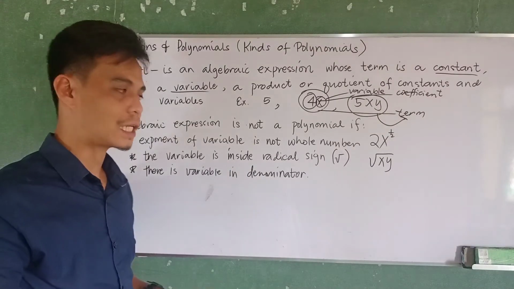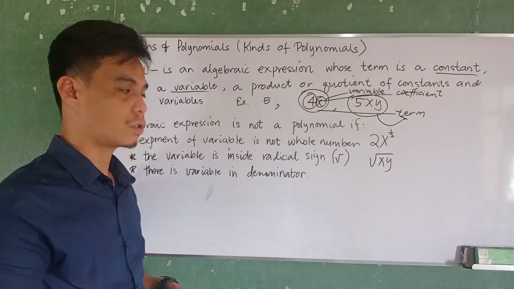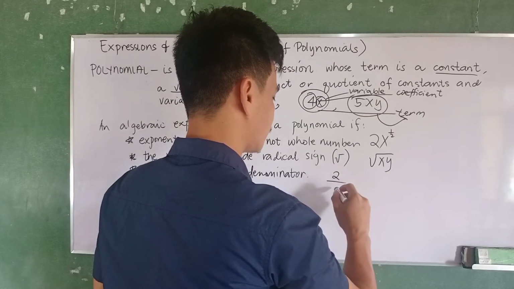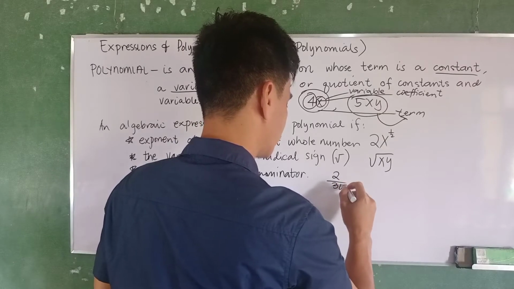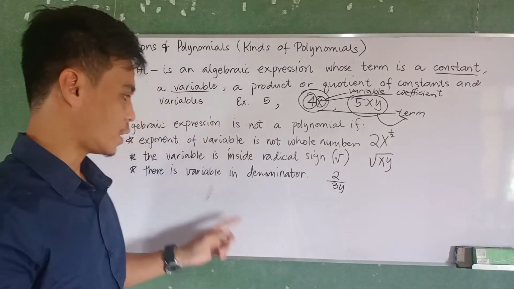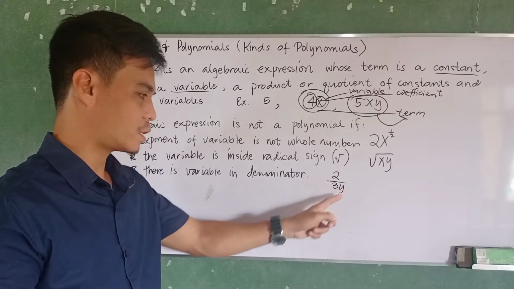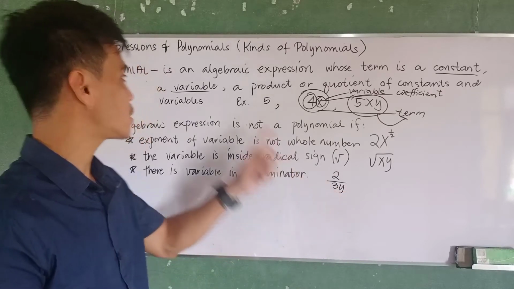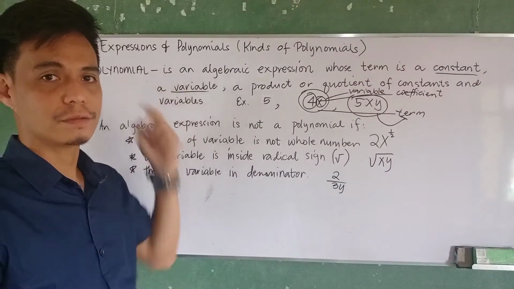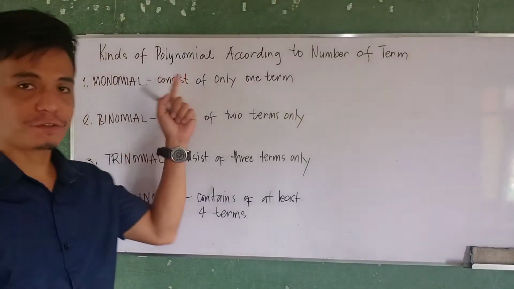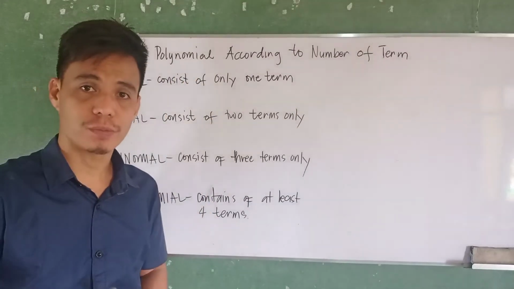So, may variable daw sa ilalim or the denominator. So, example, 2 over 3y. So yan guys, meron siyang variable sa denominator, 2 over 3y. So hindi siya polynomial.